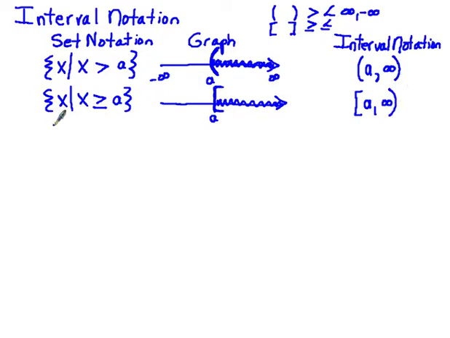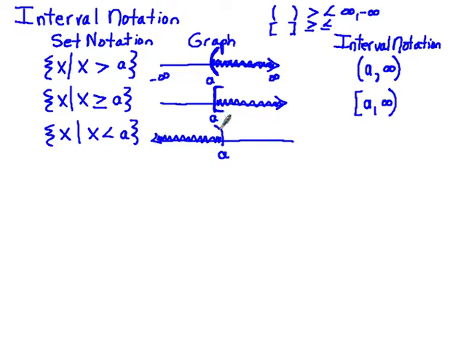Okay? Next, let's look at less than. If I have x less than A, it's going to be to the left, but there's no equal to sign, just strictly less than, so we're going to put a parentheses there.